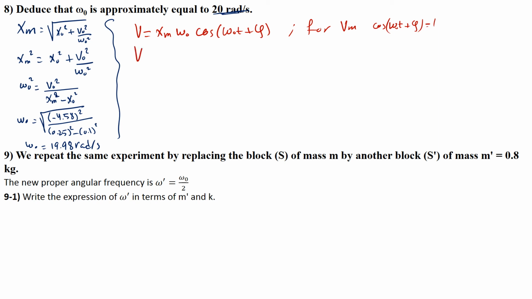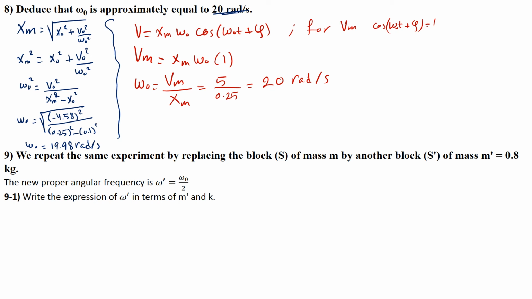Then vm is equal to xm omega 0, where instead of the cosine we put 1. I'm looking for omega 0. It's equal to vm over xm. Vm, we found it as 5. Xm, we found it as 0.25, and this results in 20 radians per second. So we can solve it either way.